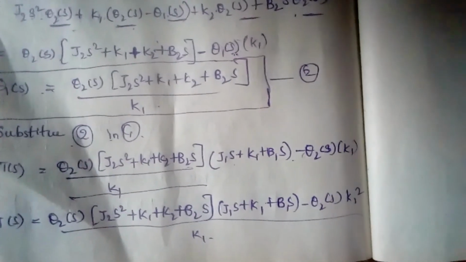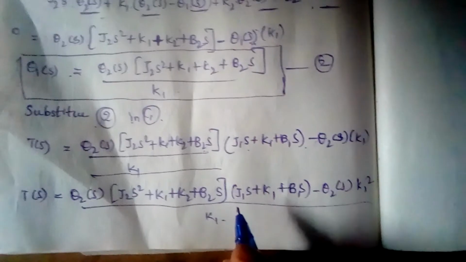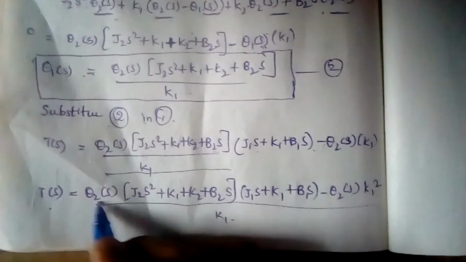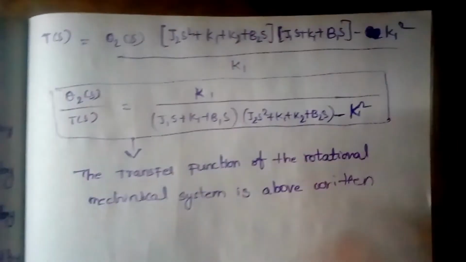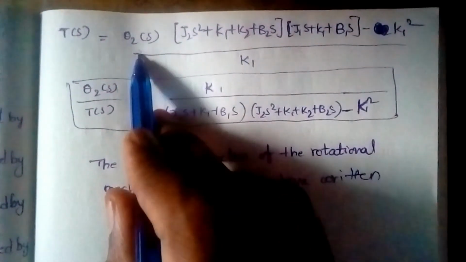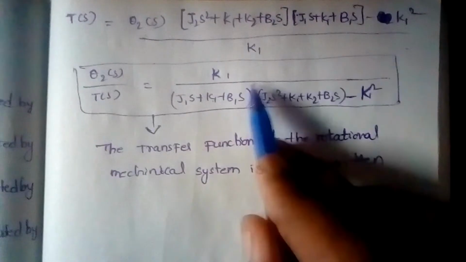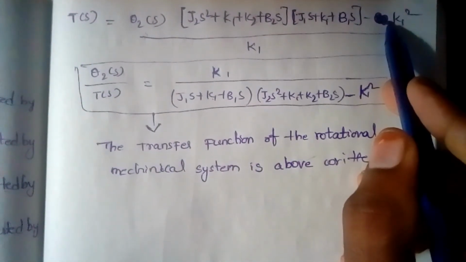After that, what is our main goal? The transfer function: theta 2 of s by T of s. Here is T of s, but theta 2 of s is here and here, so we have to take that term common. After taking theta 2 of s common, we get minus K1 square by K1, where K1 is in the denominator; taking the LCM, we get K1 square.